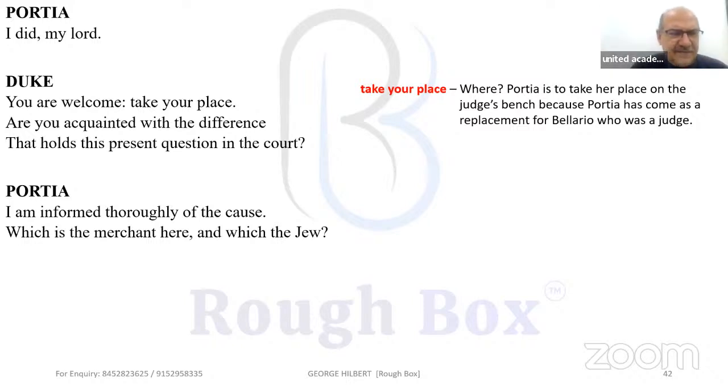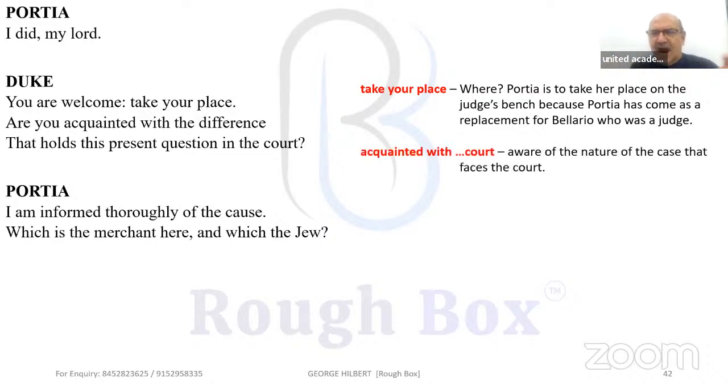Are you acquainted with the difference that holds this present question in the court? Are you aware of the nature of the case that faces this court? And Portia says, I am informed thoroughly of the cause. I am well acquainted with the matter at hand. So, which one is the merchant and which one is the Jew?